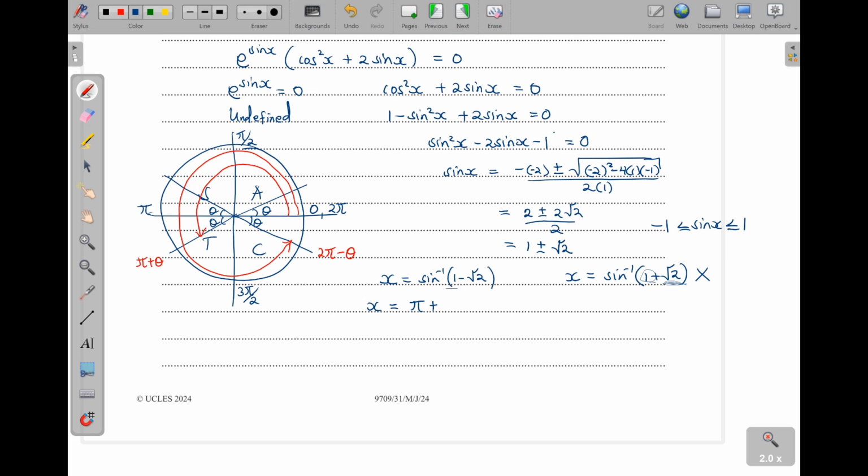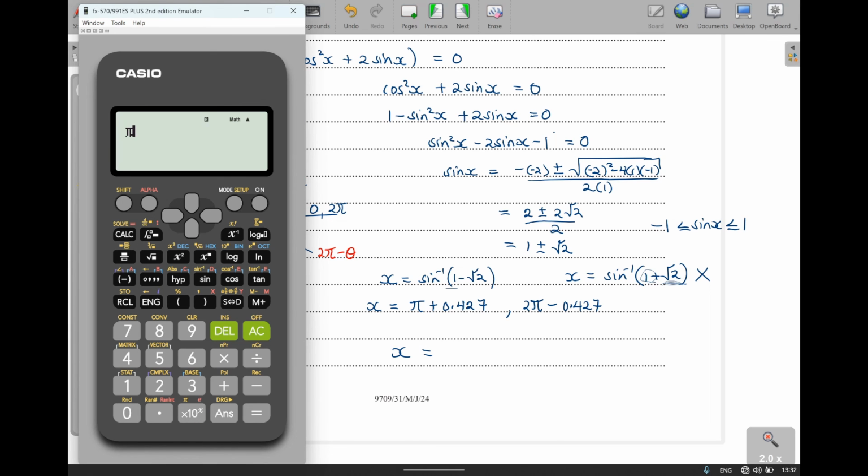Just ignore the negative. The negative just tells you where the sine is negative. So plus 0.427, and then the other one is 2 pi, then minus that acute angle 0.427. So when we subtract them, what do we get?